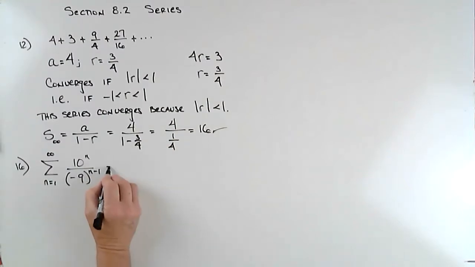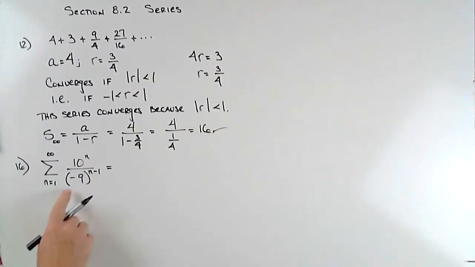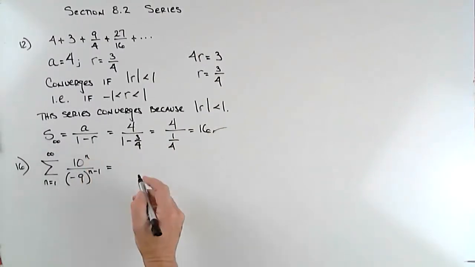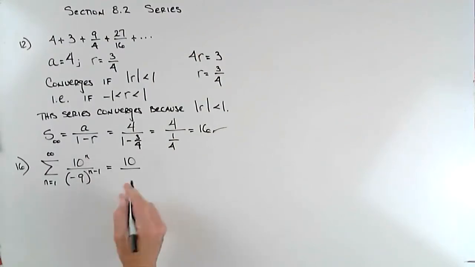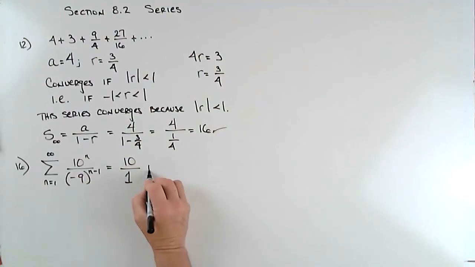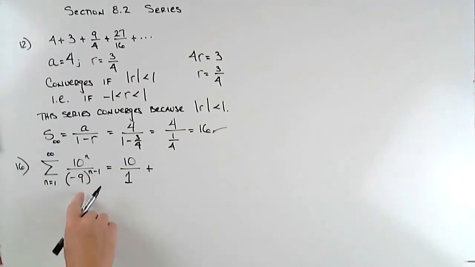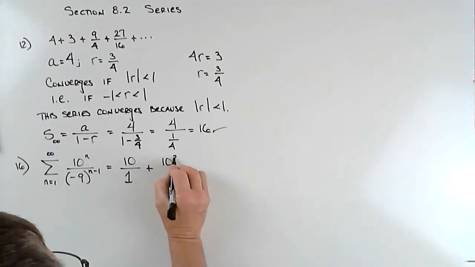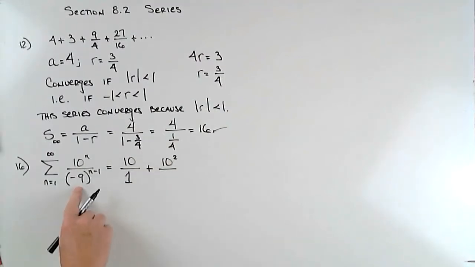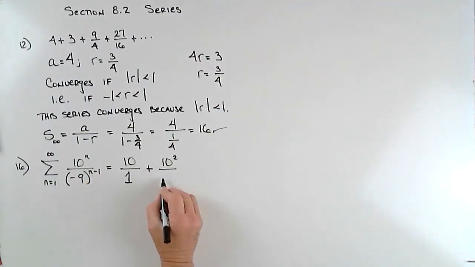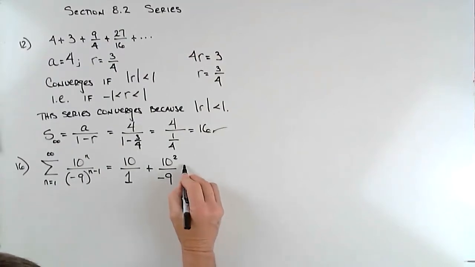And if we write down a few terms of this, if we put in n is 1, we get 10. And down here, 1 minus 1 is 0, -9 to the 0 is 1. If we put in n is 2, we get 10 squared. Down here, we get -9 to the 2 minus 1. That's -9 to the first, so we would get -9.